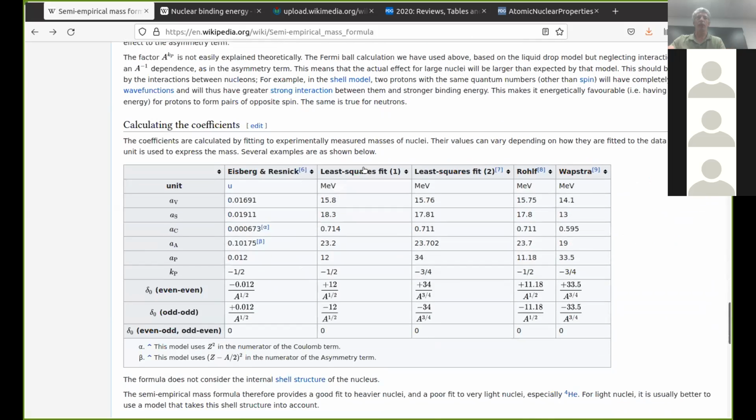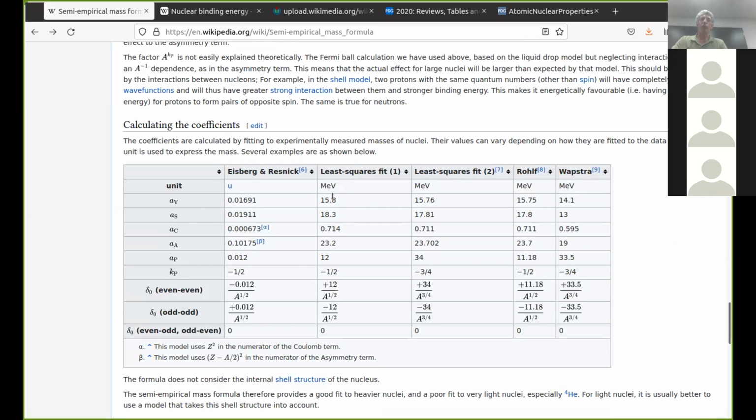So if we do this, we can then fit these coefficients, and again, it's a small number of coefficients. It's not hundreds of numbers. It's only a small number of coefficients, and they have magnitudes of tens of MeV. So I think we mentioned last time that the scale of chemistry is a couple of electron volts.